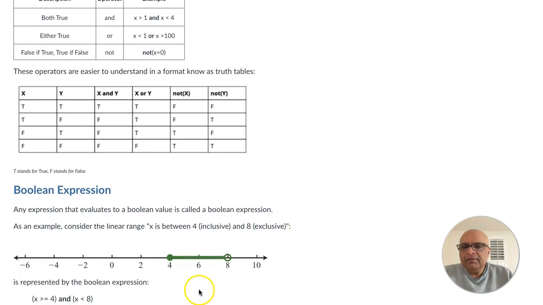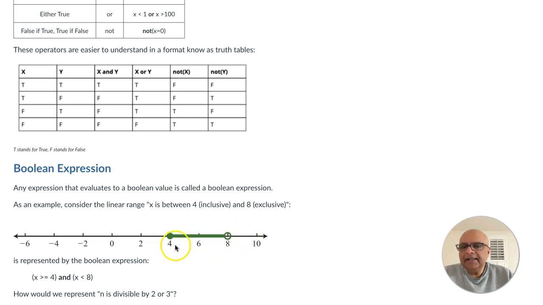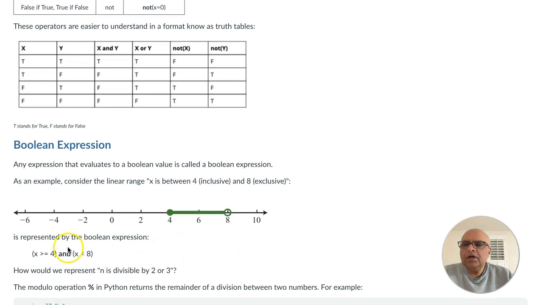And it might be represented linearly like this with a solid dot at the 4 and a hollow dot at the 8. Now, how would you represent it as a Boolean expression? You'd represent it as follows, where x is greater than or equal to 4 and x is less than 8. This represents this linear line.